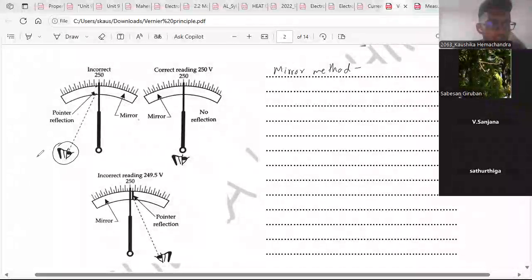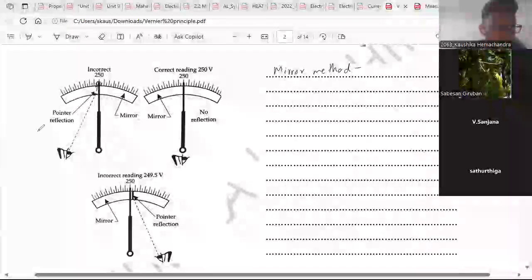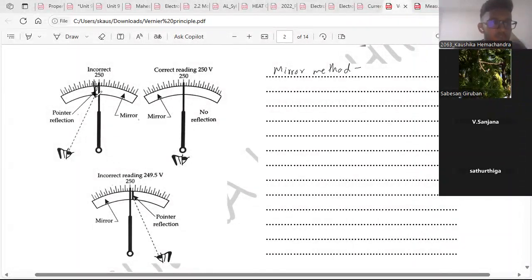So when your eye is at this location, you should read 250. You are going to see that. But you won't see this point, because your eye will be focused on this point. So you will take a reading which is less than 250.